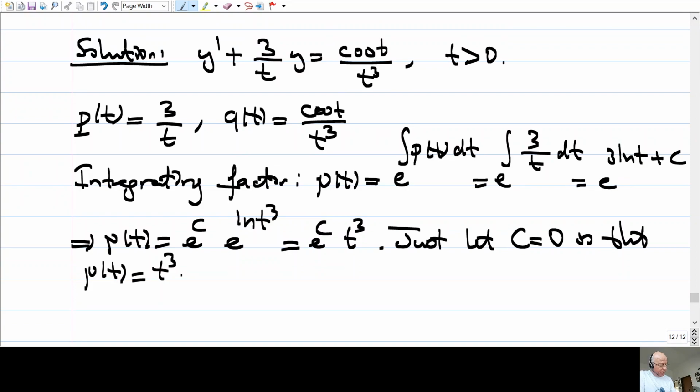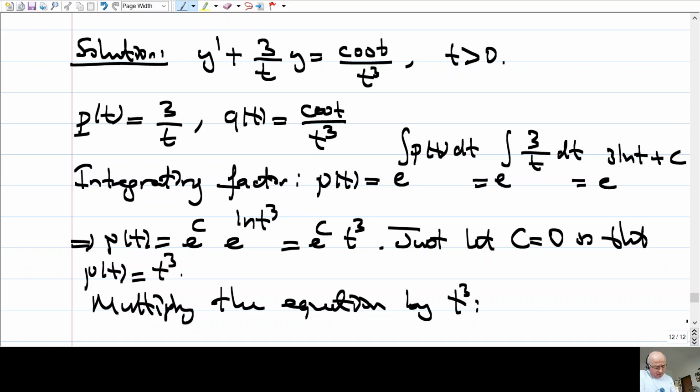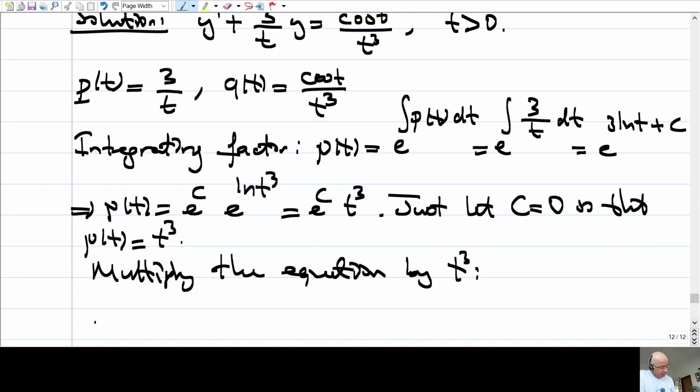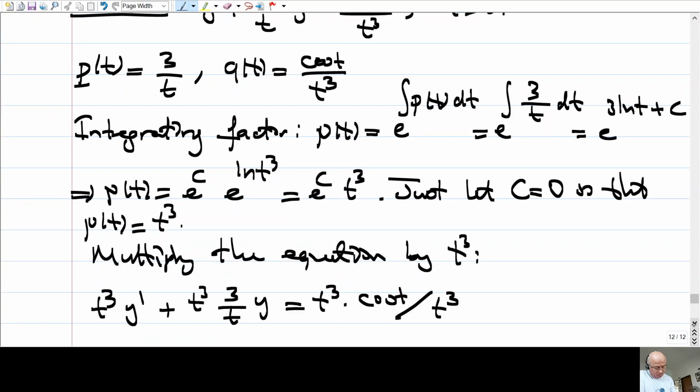Now I multiply my equation by the integrating factor, t cubed. We will get t cubed times y prime plus t cubed times 3 over t times y, and then t cubed times cosine t divided by t cubed.